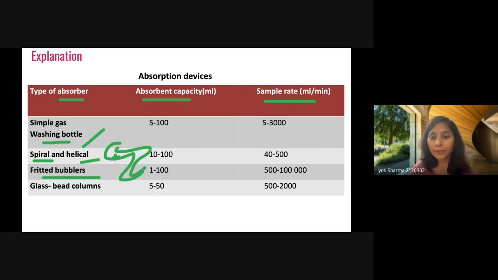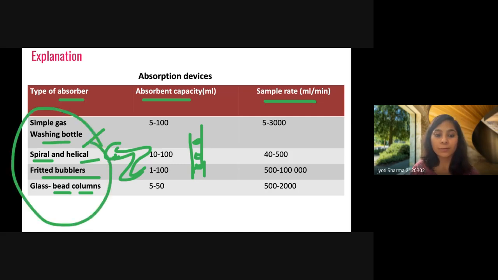Then the fritted bubbler, I already explained. Then the bead column, in which we have glass beads. Again we are increasing the surface area and the probability of striking the surface and collecting air into the liquid. So we can use these different types of absorbers.